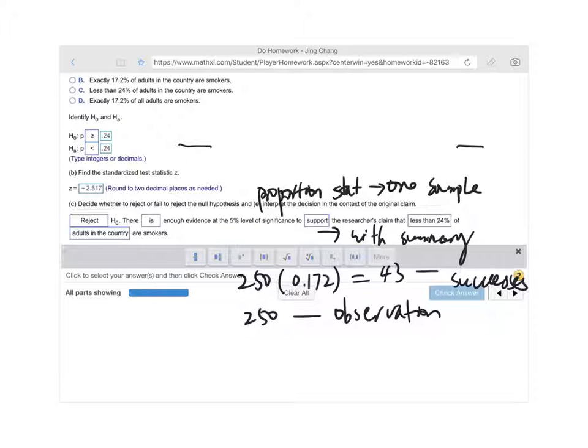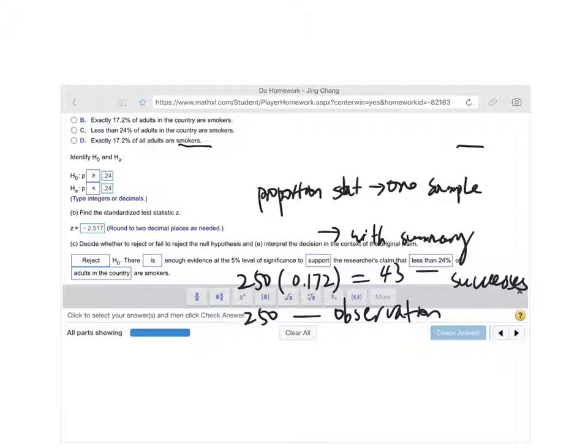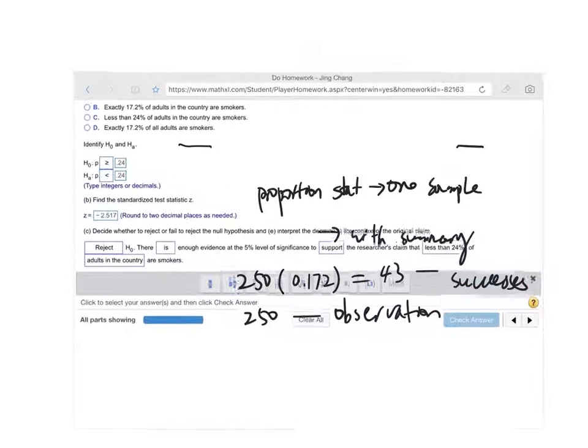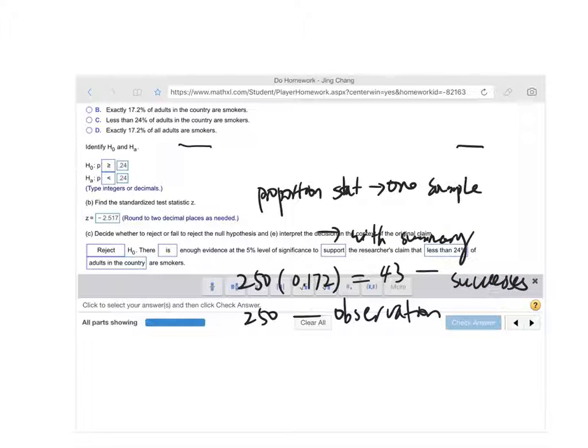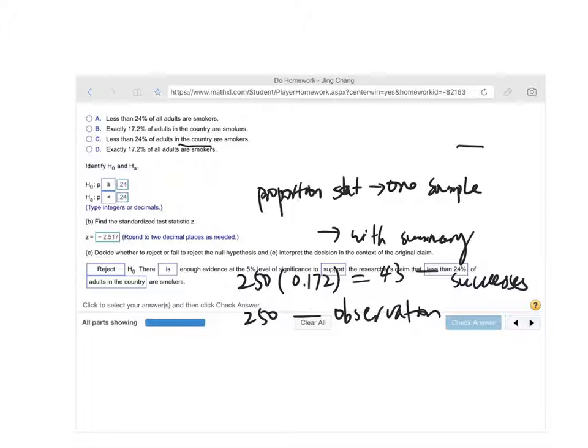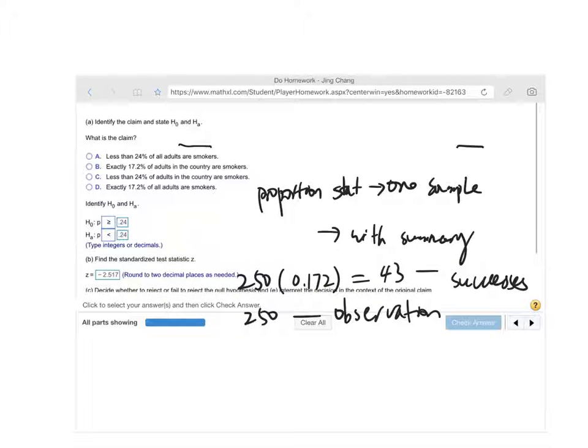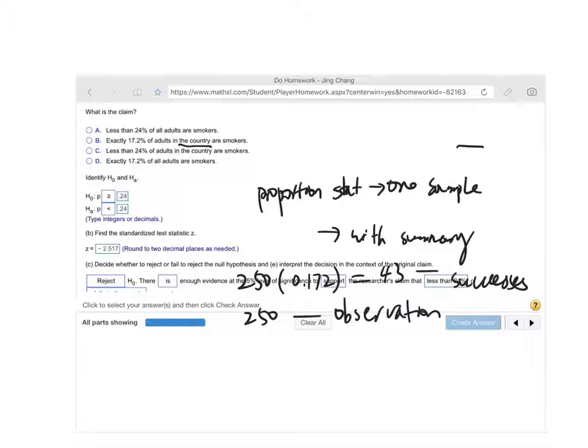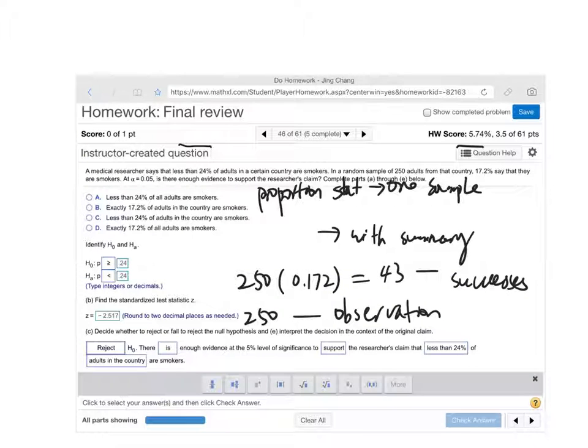Oh, I forgot to put 0.24 here, that's the hypothesis, because the claim says less than 24% of adults are smokers. So we'll put 0.24 here, and this is my test statistic, and the p-value is 0.0059.